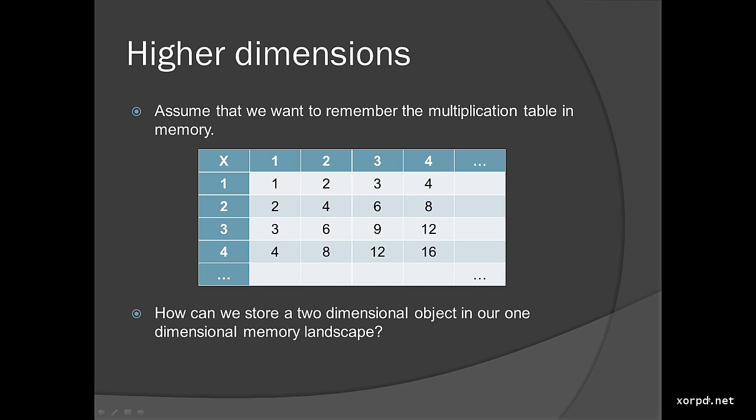Higher dimensions. Assume that we want to remember the multiplication table in memory. And I mean in the computer's memory, not in your memory. I remind you how the multiplication table looks like. This is something that you have probably learned in elementary school.